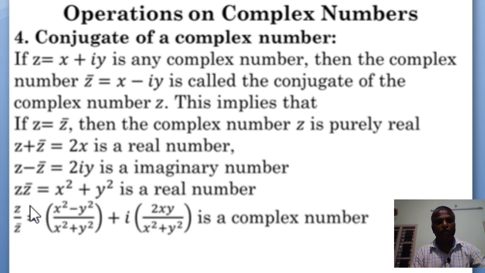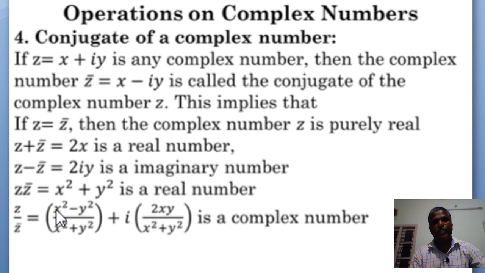And division of a complex number by its conjugate, that is x plus iy divided by x minus iy. On rationalizing, we have to multiply both numerator and denominator by the conjugate of the denominator, that is x plus iy. So in the numerator it is x plus iy whole square, in the denominator x plus iy into x minus iy, that is x square plus y square.